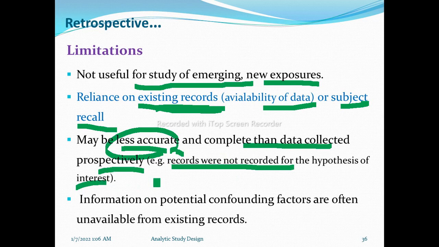But in the prospective study design, since the data is collected for this study, all things should be carefully recorded and under supervision. Information on potential confounding factors is often unavailable from existing records. Yes, since the record is filled in for medical purposes, you will lose some confounding factors which are not recorded in the chart. So this is also another limitation.